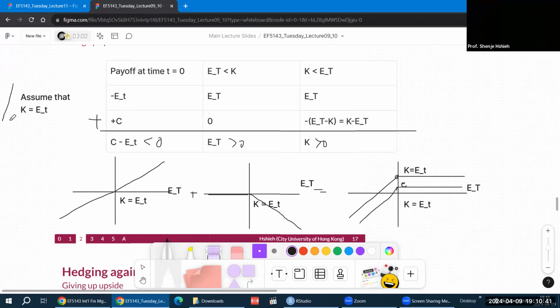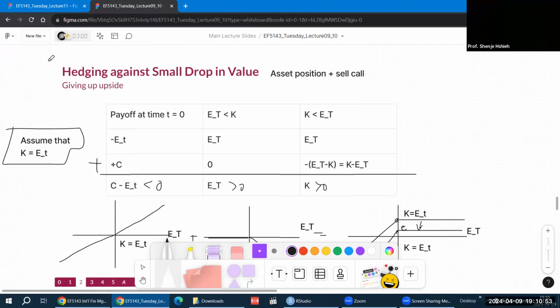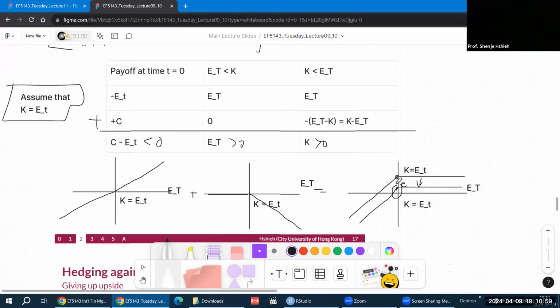So remember, I'm assuming this. So substitute K whenever you see an E_T or vice versa, and you should be able to figure out these intersection points. But anyways, what you should notice is that, as the title suggests, you're hedging against small drops in value. That's the hedge right here. See this little area here? If there's a small drop in value in the underlying asset, you still make money, right?